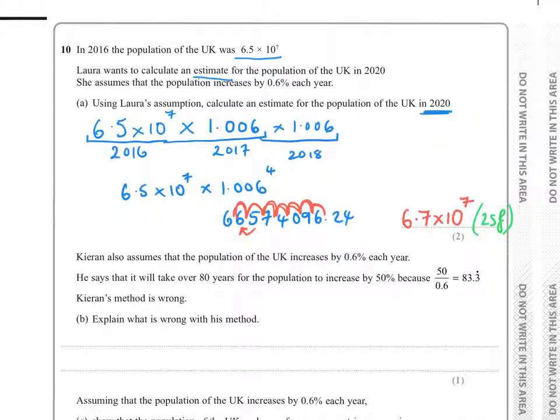Kieran also assumes that the population of the UK increases by 0.6% each year. He says that it will take over 80 years for the population to increase by 50%, because he quotes this calculation. Well, he's kind of looked at 50% and he's divided it by how many 0.6% go in.